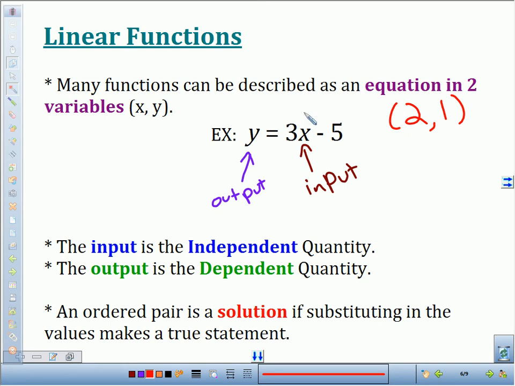We can try that out. We can plug in 2 for x and 1 for y. We have 3 times 2 is 6 minus 5. 6 minus 5 is 1. This is a solution.